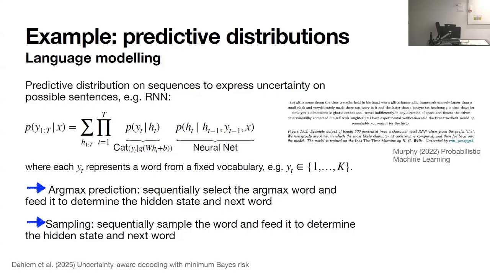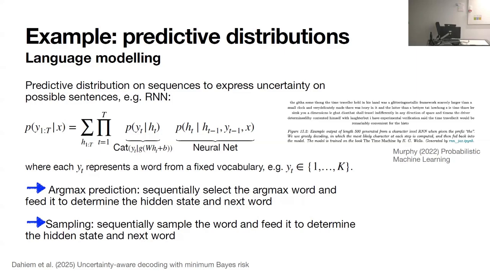So in this case, capital T is the length of my sentence, and each YT is a token, say a word from a fixed vocabulary. K is typically very, very large. And so this distribution lives on a huge dimensional discrete space, K to the power of T.